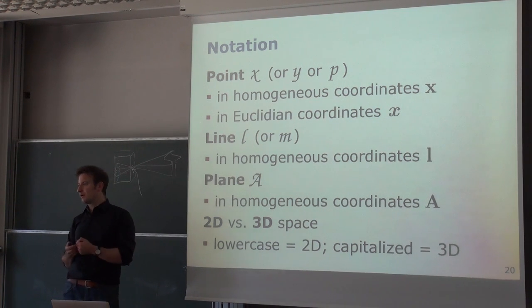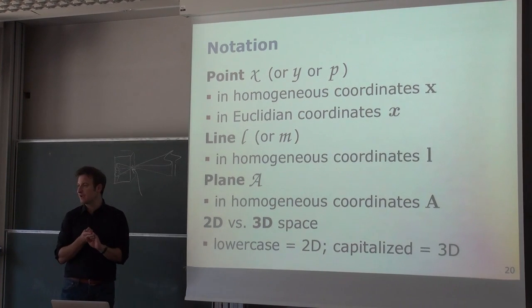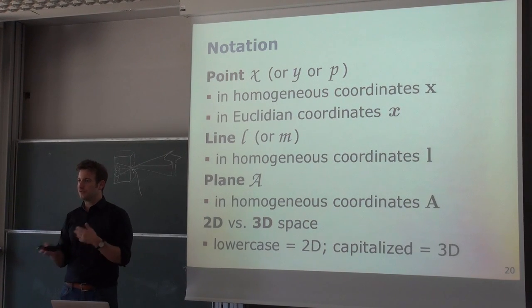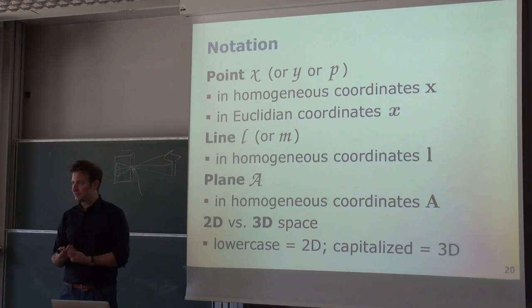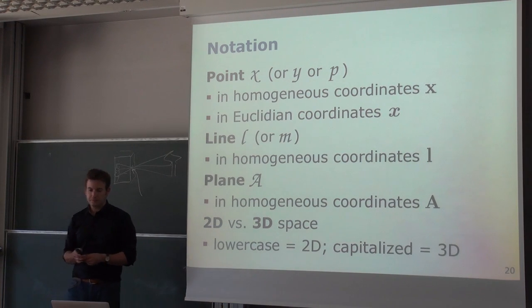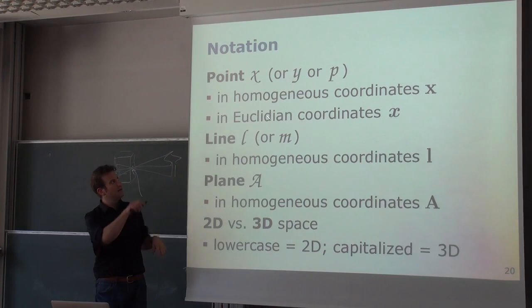Whenever something is lowercase, it means we're in the 2D world. Whenever something is uppercase or capitalized, we're in the 3D world. It should also simplify the understanding of those equations. Okay, it's kind of clear. Also, there is the difference between the different types of coordinates and the point itself.